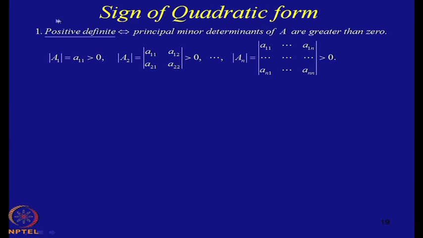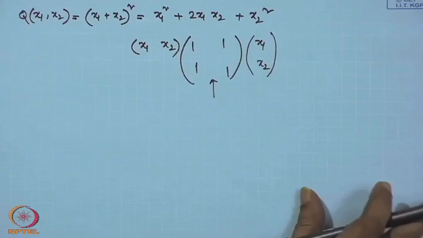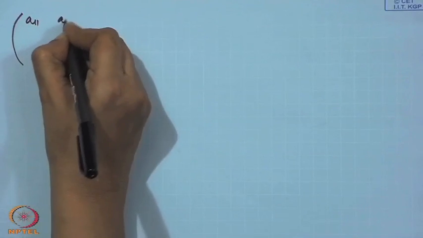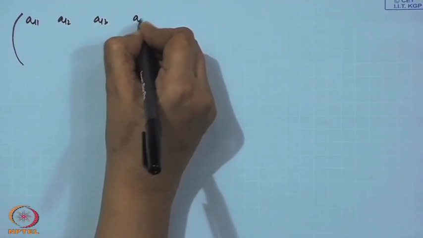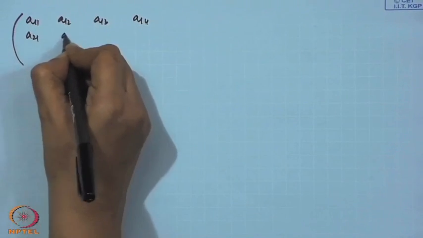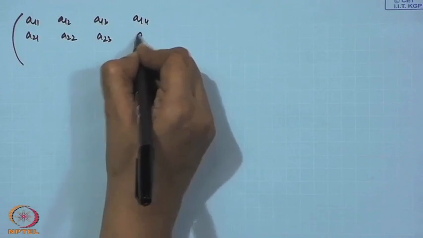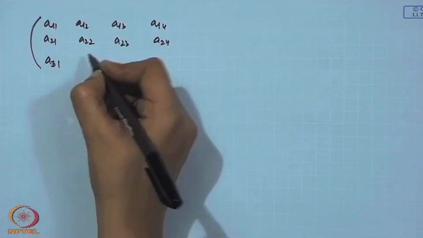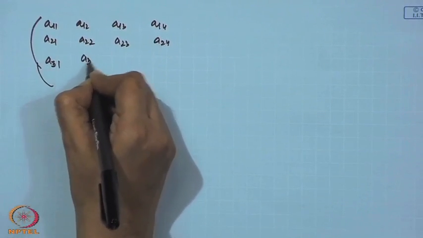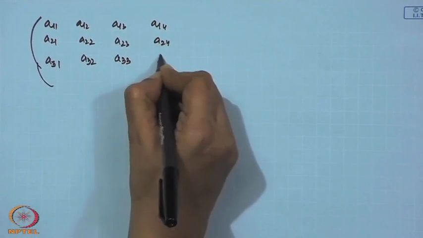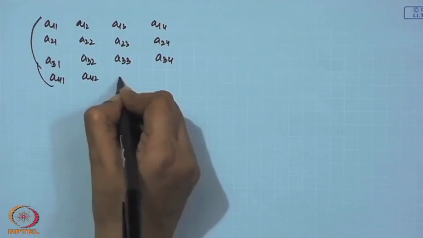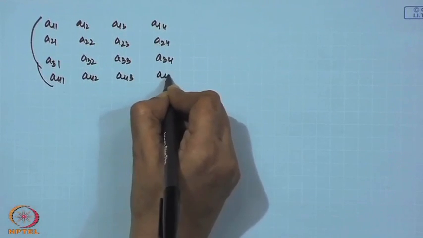In that way, if we have the matrix with rows A11, A12, A13, A14; A21, A22, A23, A24; A31, A32, A33, A34; A41, A42, A43, A44.